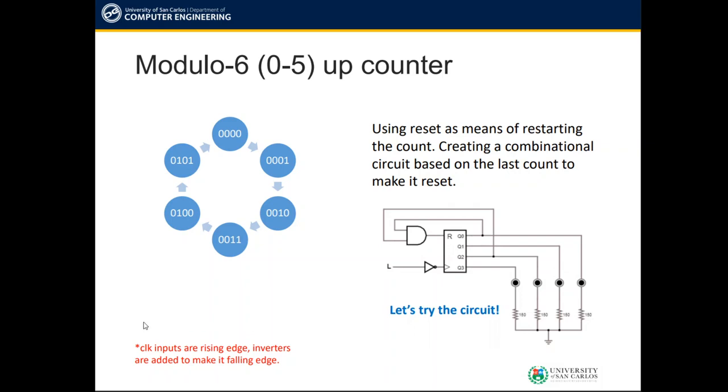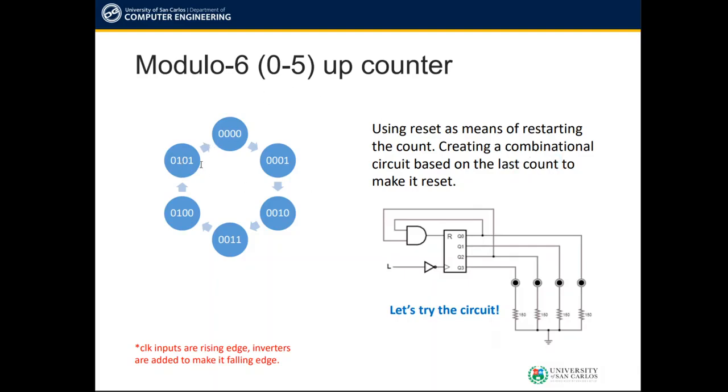Again, the clock inputs here on my simulation are rising edge, but on the actual circuit of your 74LS90 it's falling edge. That's why I added an inverter. So the keyword here is the last count. The last count here is 5.